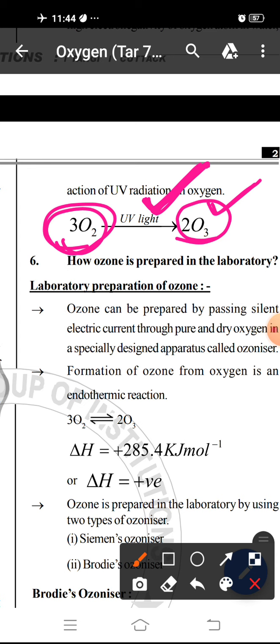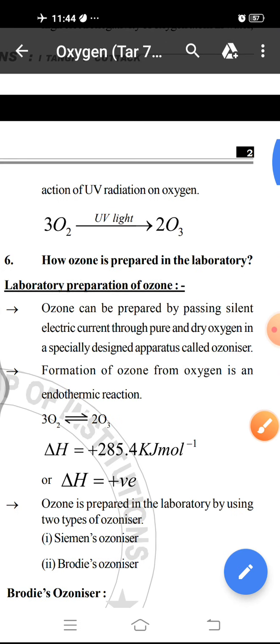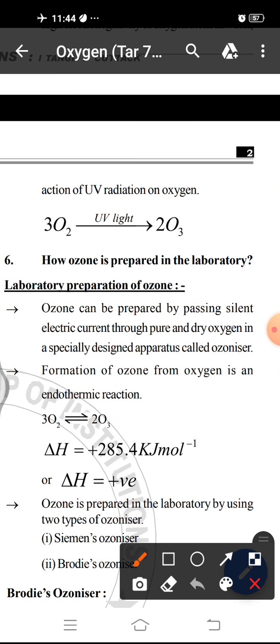Ozone is prepared in the laboratory in a specially designed apparatus known as an ozonizer, by passing silent electric current through pure and dry oxygen. In this apparatus, oxygen gas is converted into ozone, and this apparatus is known as the ozonizer.